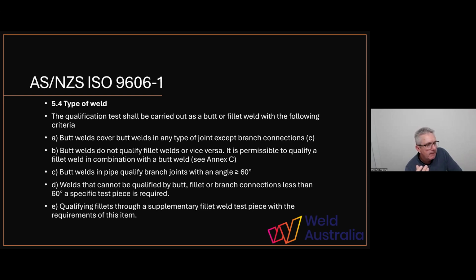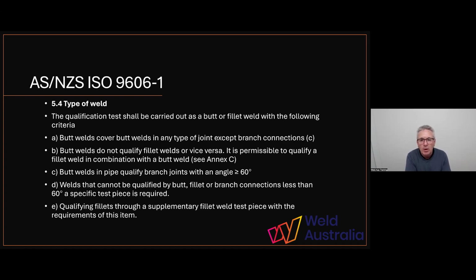Yeah, okay. Well, this is going to give you a broader range when you start looking at the options. So we can do a butt weld, and it says there, butt welds cover butt welds in any type of joint except a branch, but providing that the branch is equal to or greater than 60 degrees, you're covered for that.